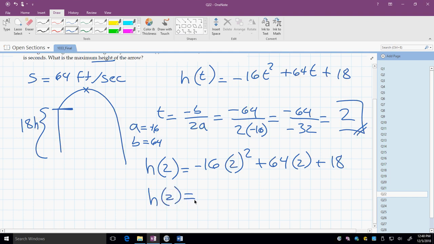Put all that in your calculator. 82. So the maximum height of the arrow was 82 feet, which is C.